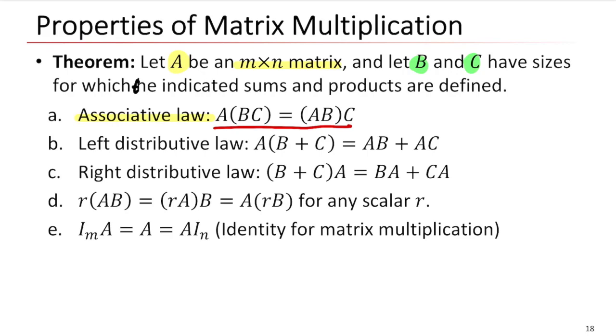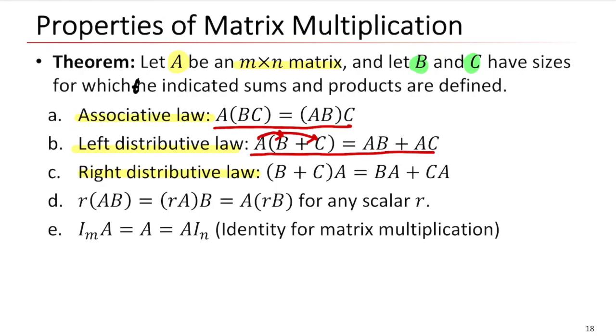The second rule is the left distributive rule. What does it mean? A times (B plus C) is equal to A times B plus A times C, something like this. This is also very intuitive, right? Then there is one more rule called the right distributive rule.